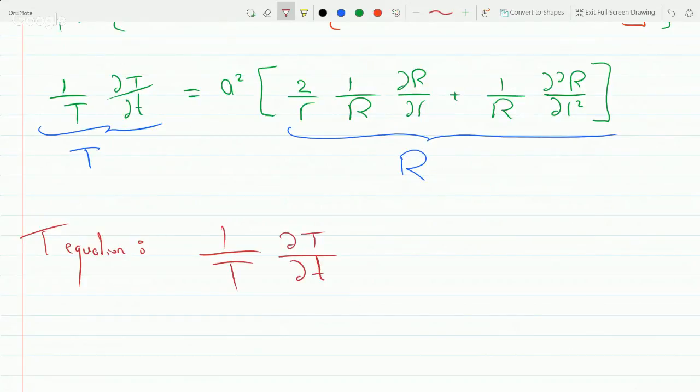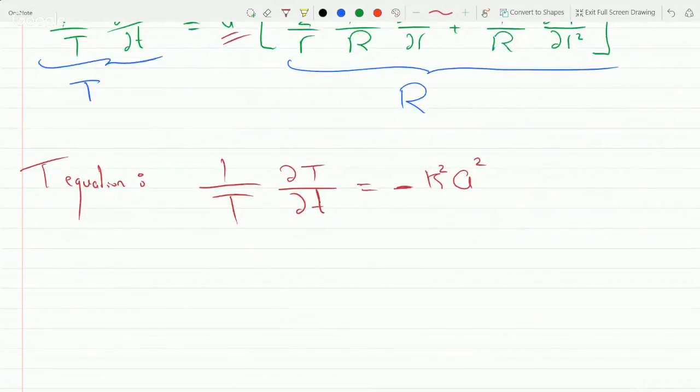So the T equation, we have 1 over T dT over dt equals minus k squared, I'm going to call this minus k squared as a constant, and then there's an a squared factor, which is here. Now, the reason I do this is because if I call it k squared, the solutions will be exponentials, and as t goes to infinity, the temperature would go to infinity, which does not physically make sense according to the boundary conditions.